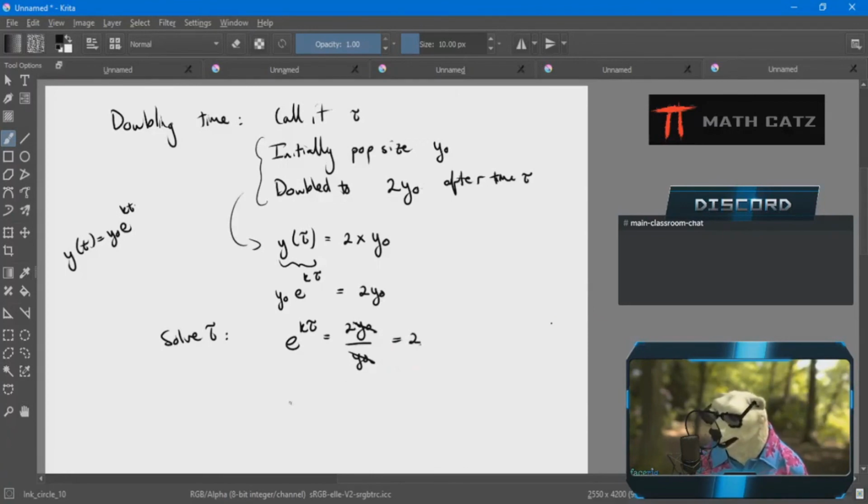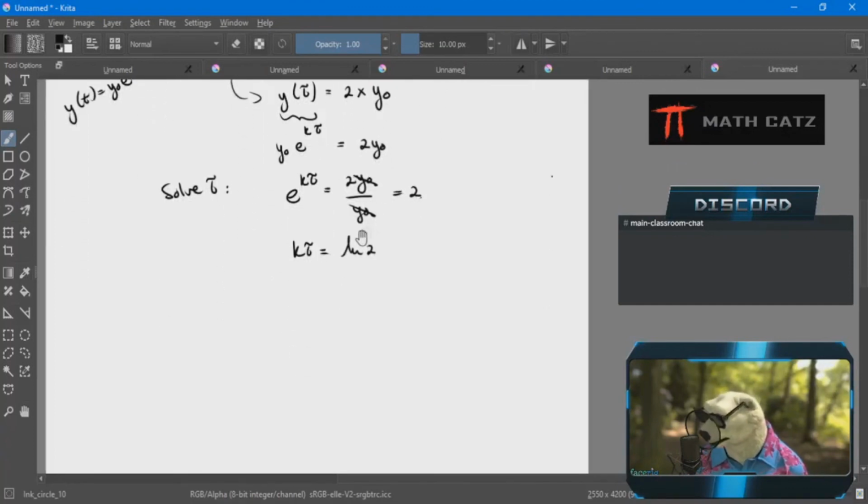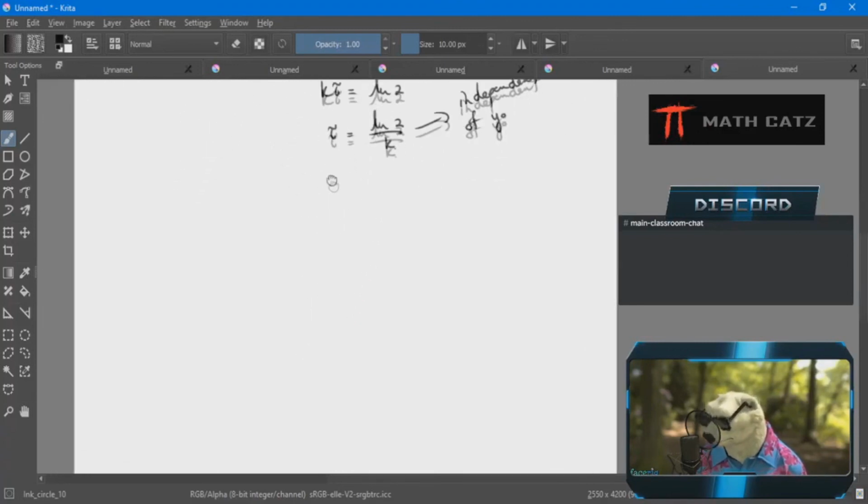I just get a 2. So k times tau is natural log of 2. So my doubling time is natural log of 2 over k. This is completely independent of how much I started with, of my initial population size. It's a property of the population and how it grows.